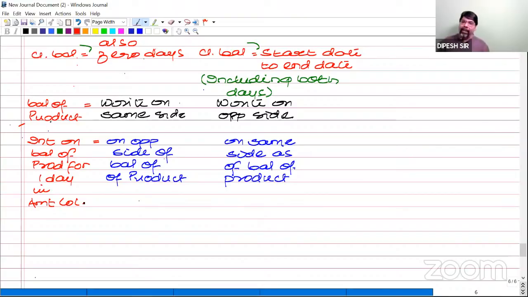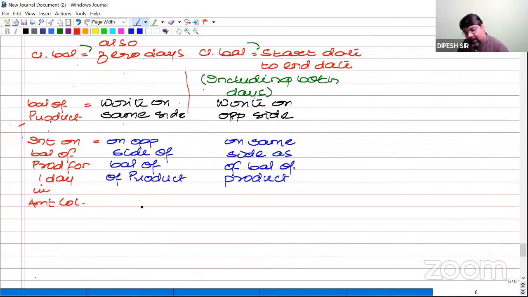Correct? So I repeat. In the forward method, if balance of product comes on credit side, you will write on the credit side, interest will come on debit side. Correct? Balance of product on credit side, interest on debit side. In backward method, balance of product on credit side, you will write it on debit side, and interest will also come on the same side. Correct? Yes, sir.